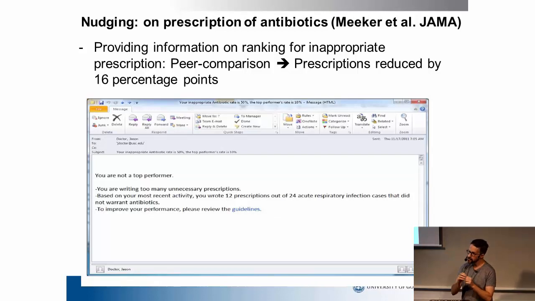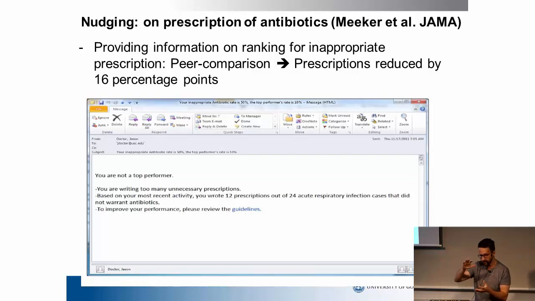Let's introduce two elements. Let's introduce a competition, but also let's introduce what you could call a norm. The norm is you should only prescribe antibiotics when you should do it. The competition is you should be better at this than other doctors.